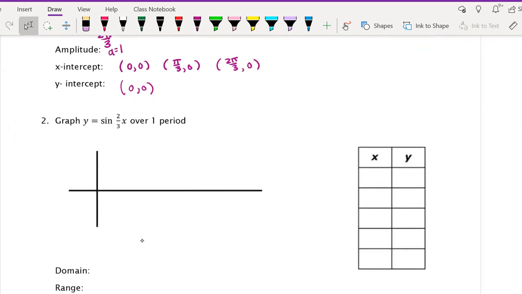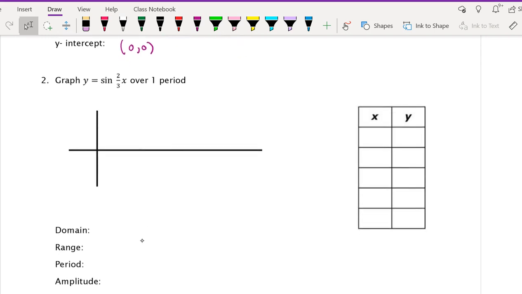I'm only changing my period for these problems, okay? So now I'm looking at sine of 2/3. So my b value is equal to 2/3. So start with, what is the period? The period is equal to 2 pi divided by b.